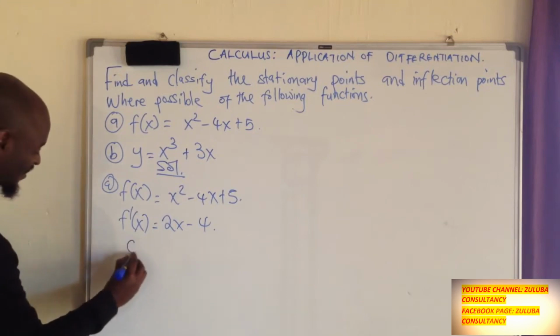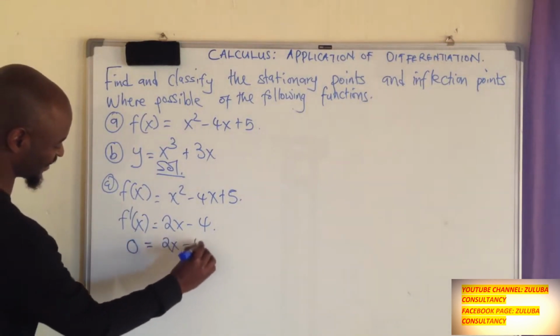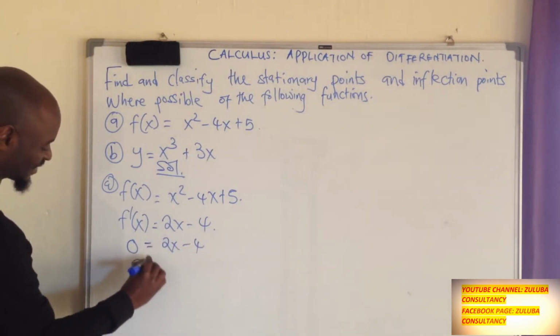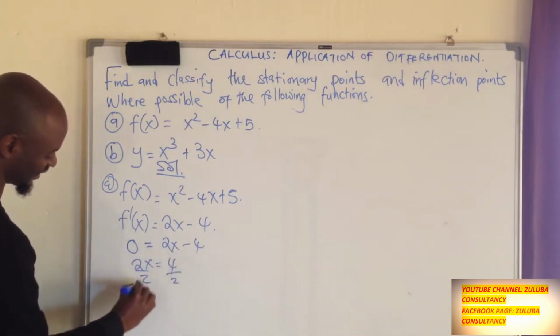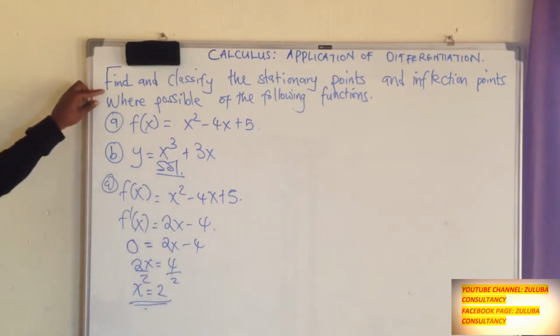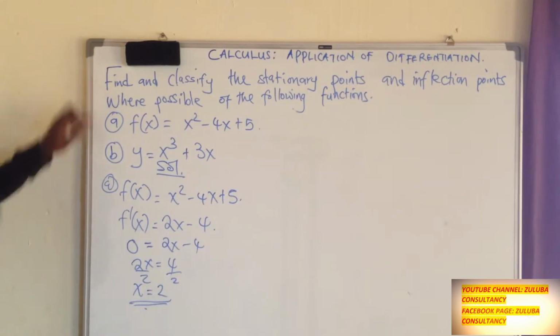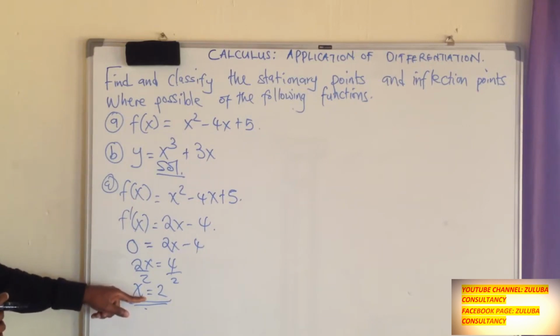So 0 is equal to 2x minus 4. From there, we have 2x equal to 4, then x equal to 2. Since we are finding the stationary points, we have to find the y value, or the f of x, at this point where x is equal to 2.